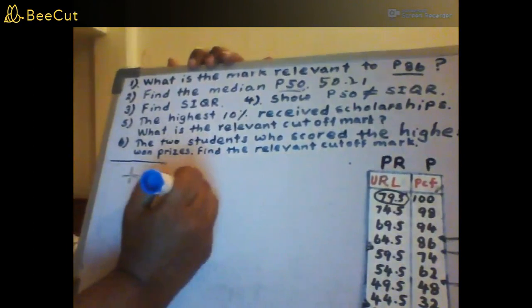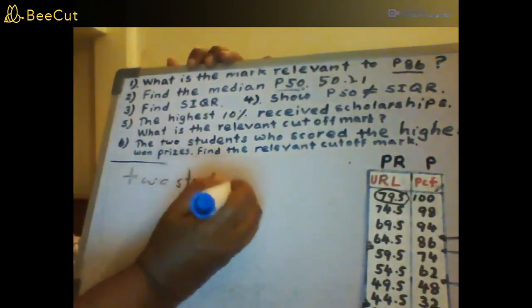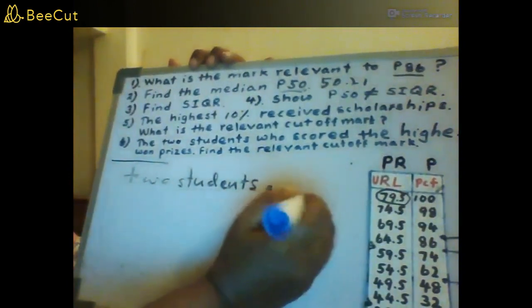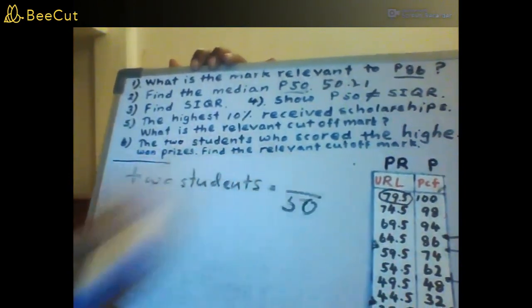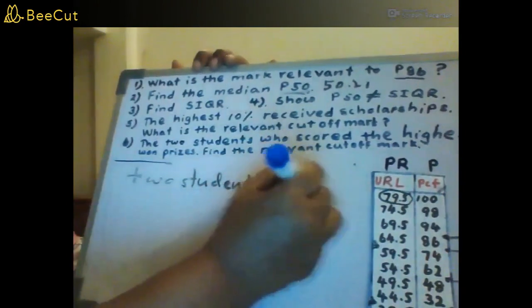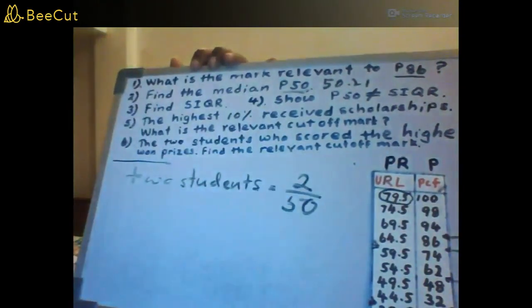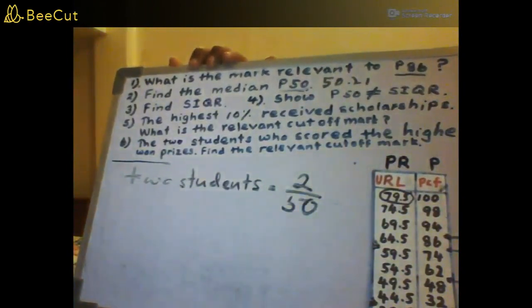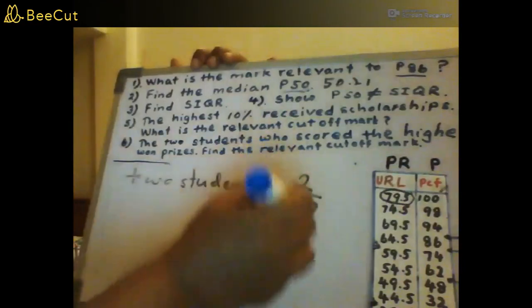Two students means, that means out of 50, two students have scored the highest mark. No, the two students who scored the highest marks. So two students out of 50.